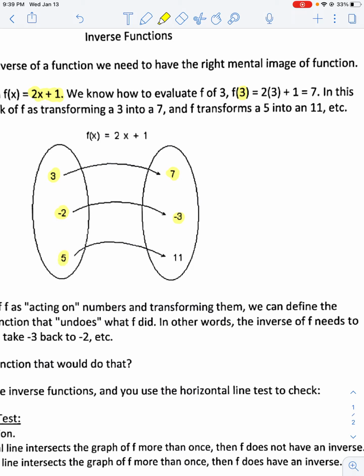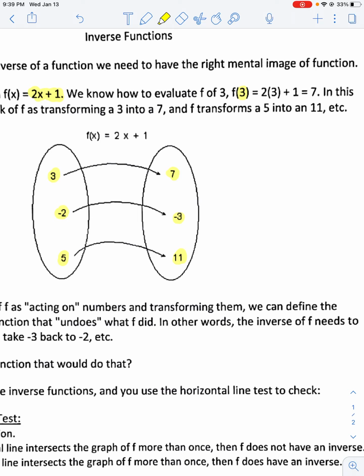When I plug 5 into that function, no matter how many times I do it, 2 times 5 is 10. 10 plus 1 is 11. Every input will give me only one output. Okay? So that is what makes something a function.